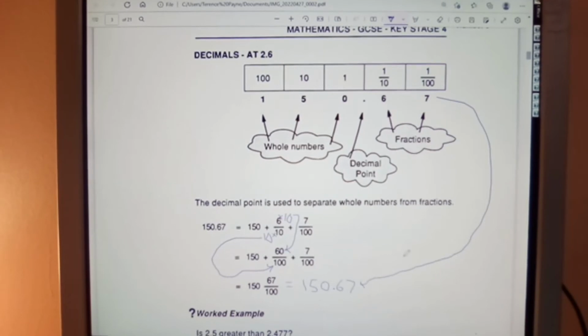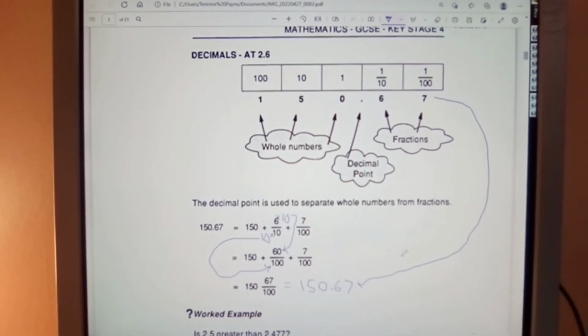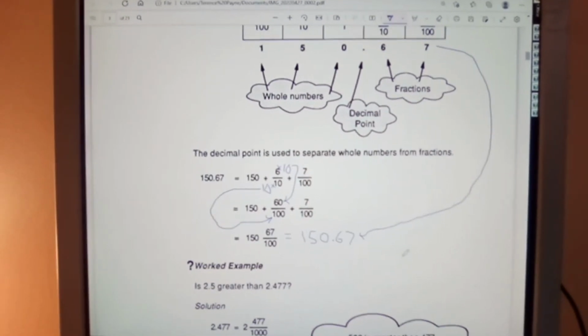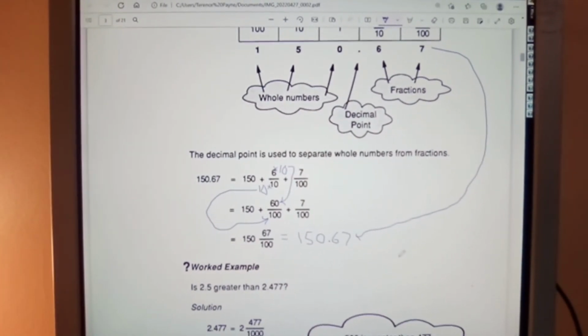That's how we got our configuration of numbers. Now I'm only extending these to 15 minutes per time.